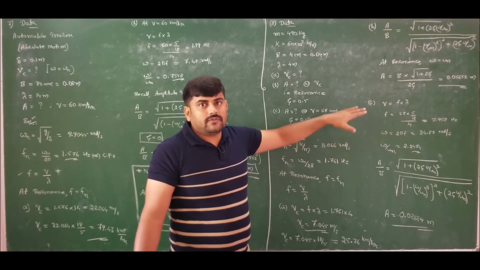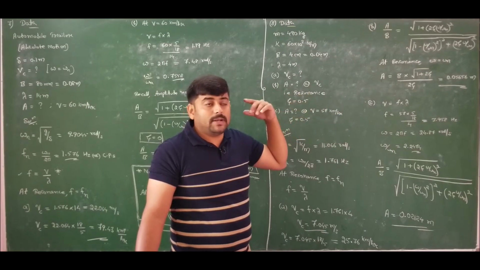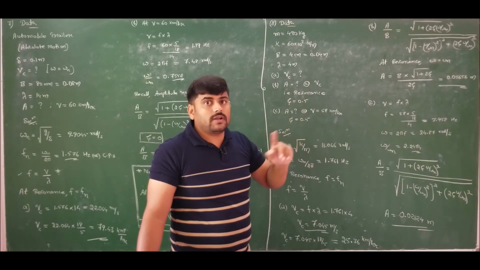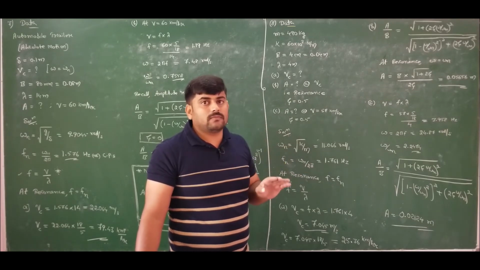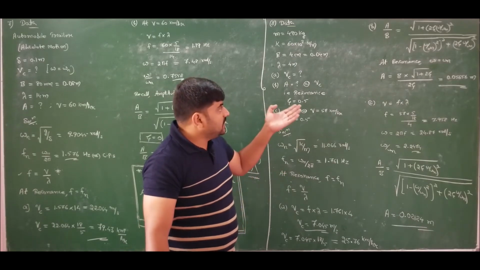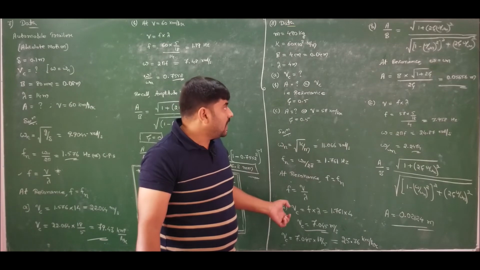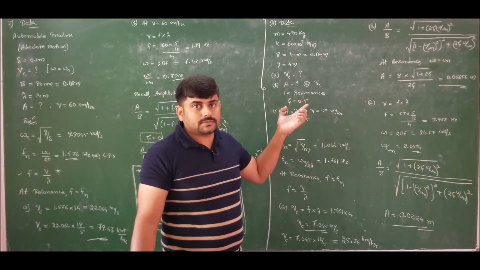Both are completely different. At resonance, amplitude is maximum, not the velocity. So velocity at resonance is termed as critical velocity. It is not the maximum velocity of the vehicle. Kindly make a note.